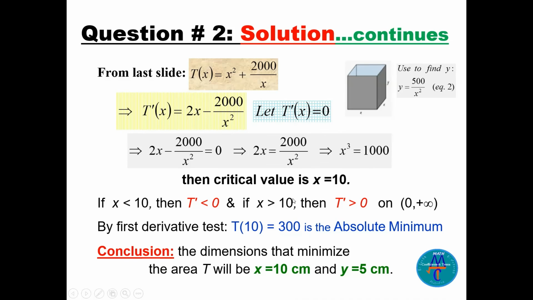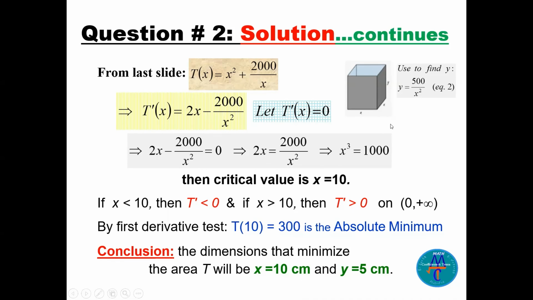10 is the only critical value. So T of 10, we replace 10 in the function T. 10 squared plus 2000 divided by 10, it will be 300. So this is the absolute minimum. Now, the conclusion, we need the dimensions that will minimize the area T. We need X and Y. X will be 10 from here, 10 centimeters, and Y will be 5 centimeters.